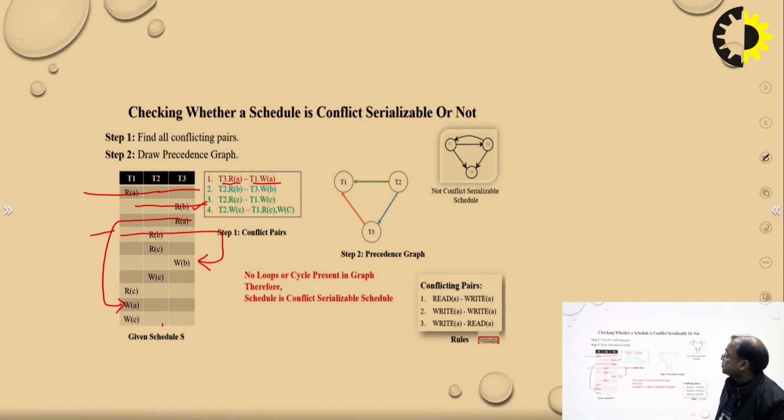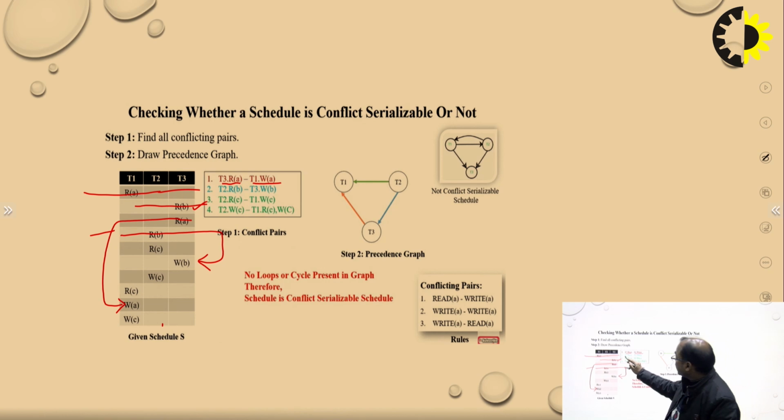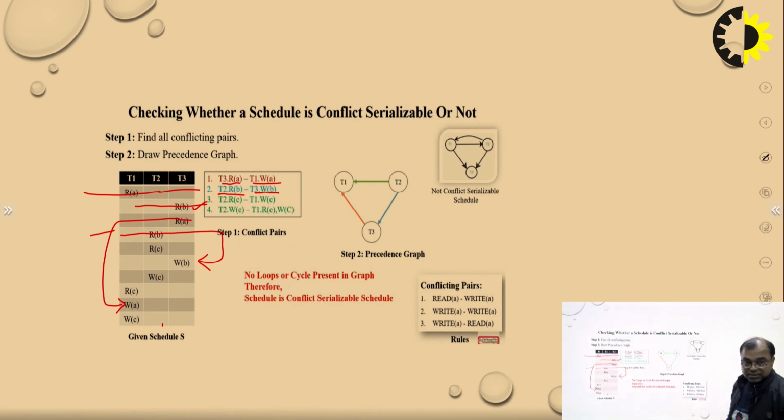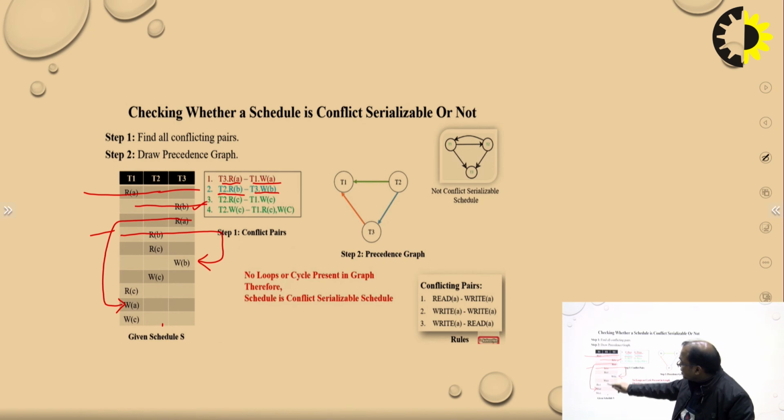Yes, we find it here, so this is also a conflicting pair. In T2 we have the read of B, in T3 the write of B. Clear? Next is the read of C. There must be a write of C. T2 reads C, T1 writes C. Clear?